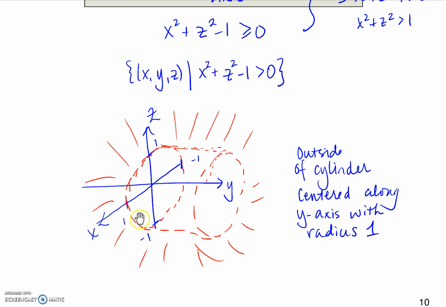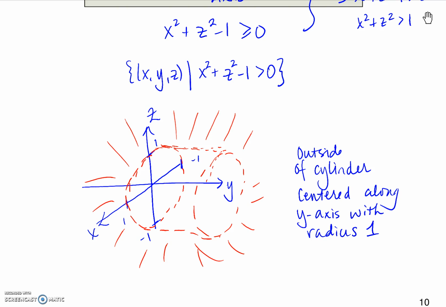That's this circle in the xz plane. Noting that y is absent from that inequality, meaning y can be any real number. Basically, I have a cylinder of radius 1 with its center along the y-axis. Now, x squared plus z squared has to be bigger than 1, so I actually need the outside of that cylinder. That is what my domain would be.